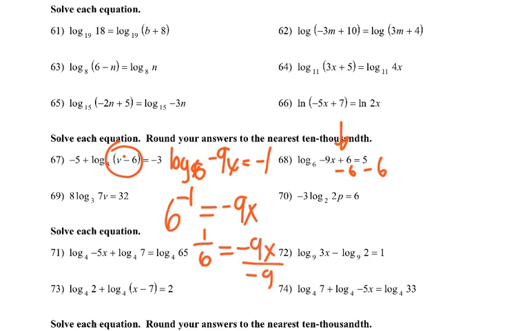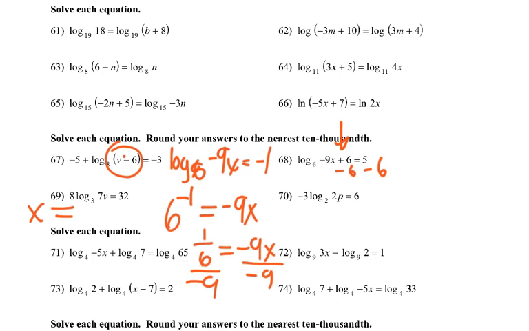We divide that by negative 9, and we get x equals, now we just use the calculator. So I could go 6 to the negative 1 divided by 9. Or 1 divided by 6 divided by negative 9.